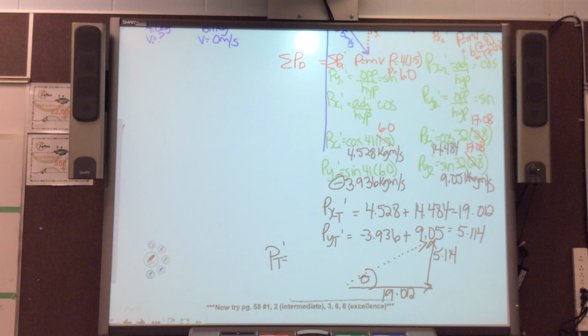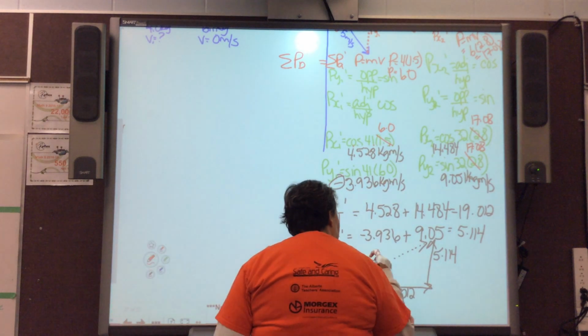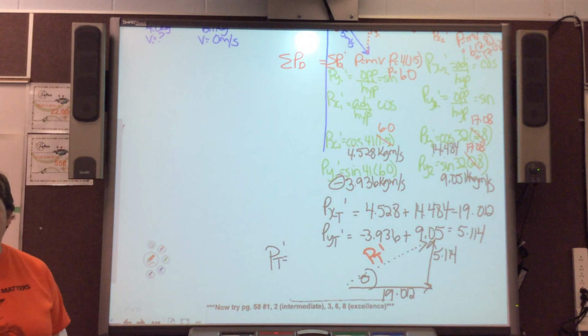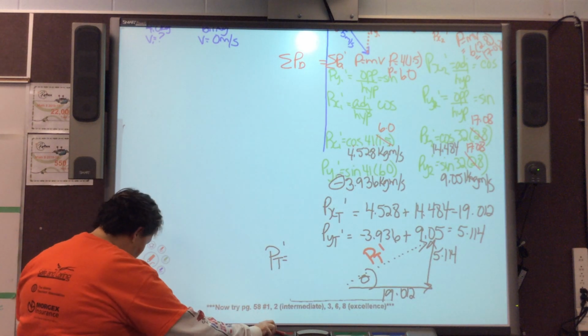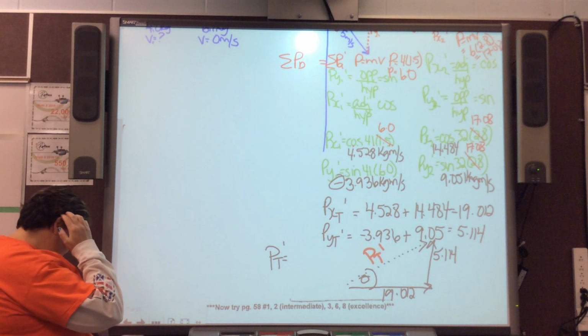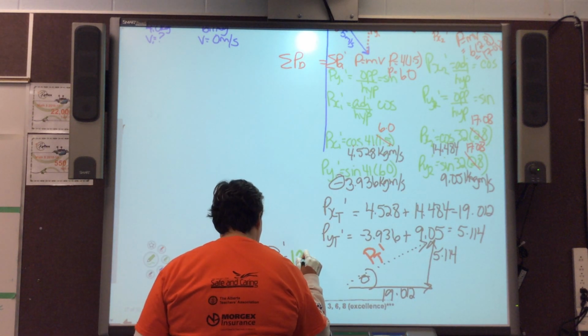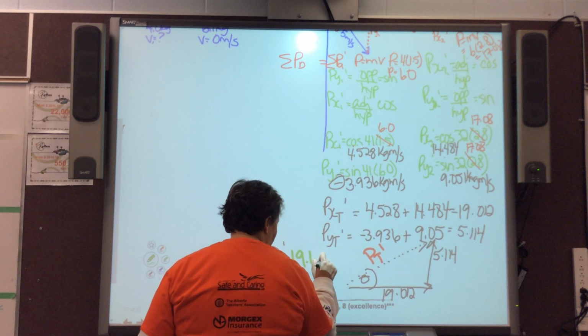So that's this value here. This is P total prime. That's what we're finding, the northeast vector. 19.67779. Hey, Jaden, look at you go. That's what I got as well. Good job.